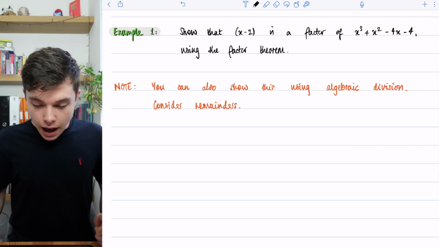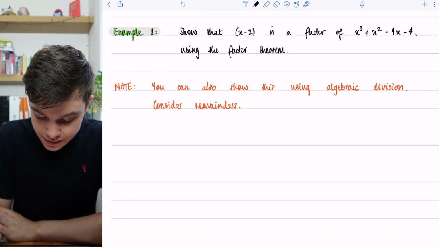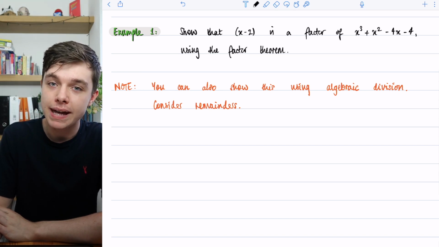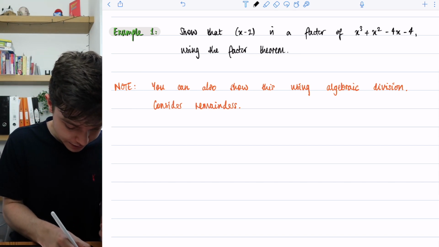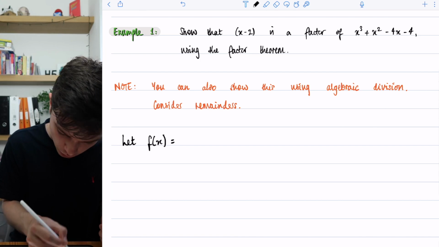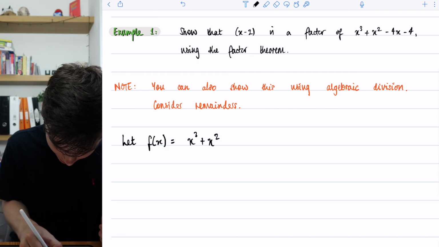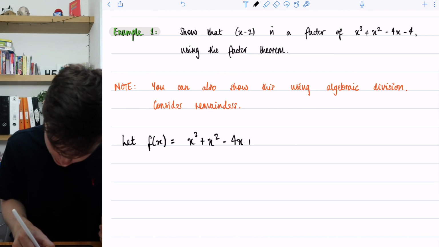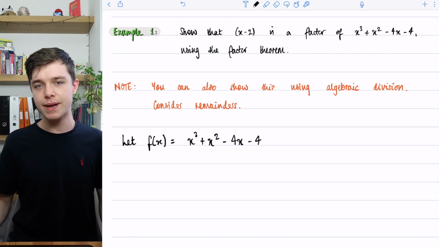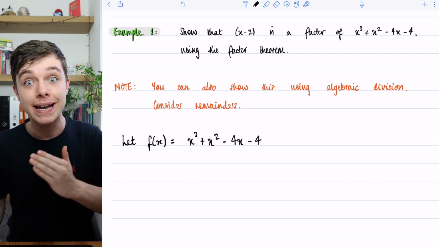So I'm going to assume that this polynomial is a function, and I'm going to let f of x be the polynomial. Let f of x equal the polynomial, so x cubed plus x squared minus 4x minus 4. So we've assumed it's a function. I've let it be f of x, and that just helps my working be a little bit neater.